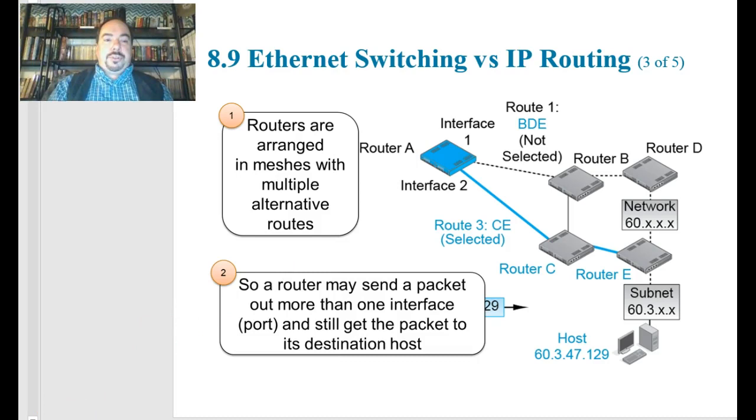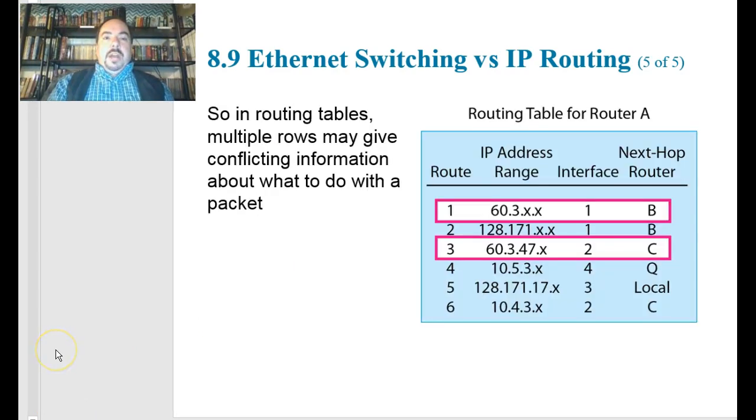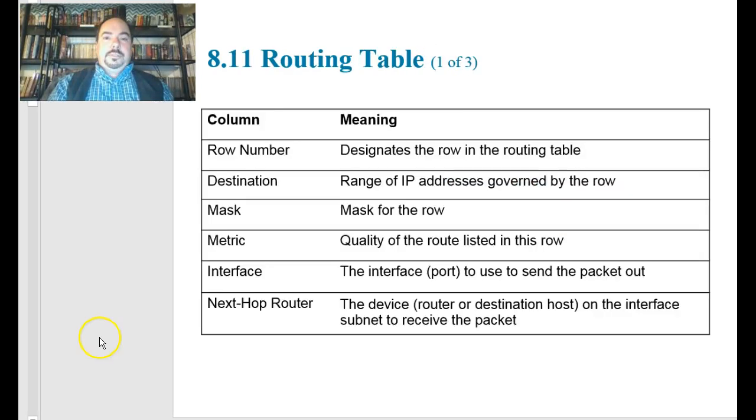That's what this slide is showing you. And thus, in a routing table, there may be multiple entries where multiple interfaces on the router that it could send out an IP packet and it'll get to the destination. So the router has to make a choice about what's the best path, what's the best interface to send it out.